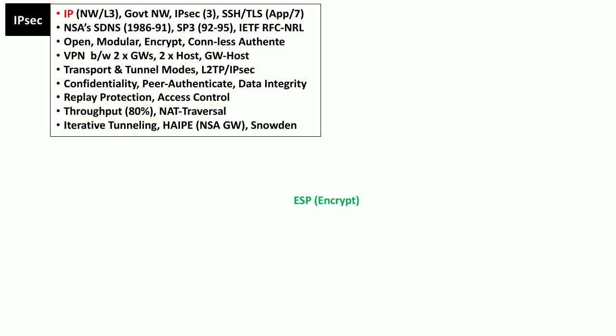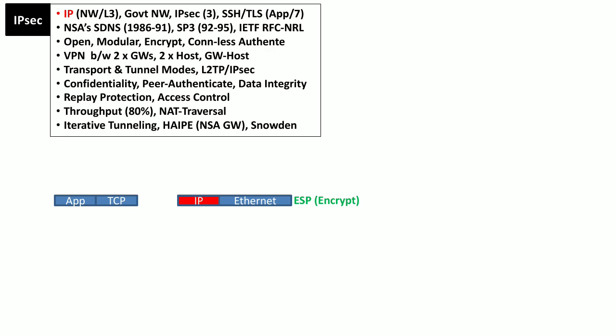I will show you the structure of a packet. This is the application layer data, and this is the TCP header which operates at layer 4, and this is the IP header which operates at layer 3, and this is the Ethernet header which operates at layer 2.